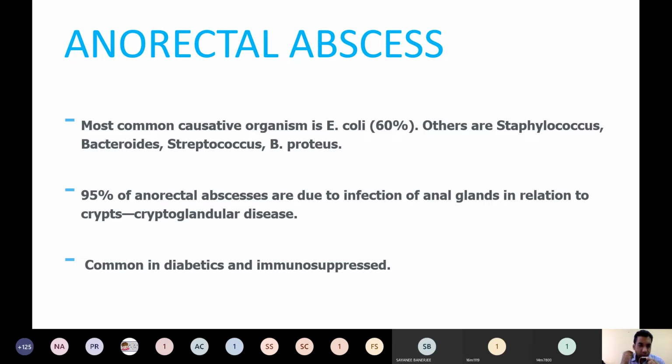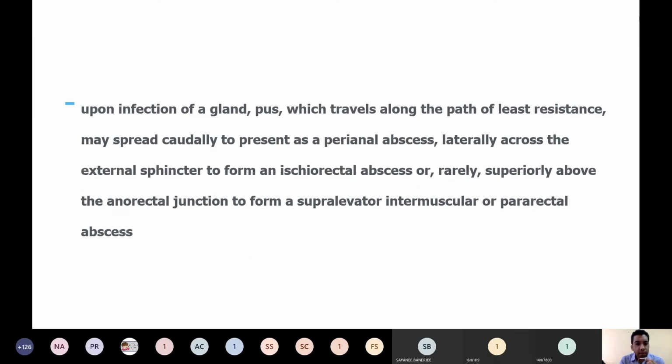The most common organism is E. coli, followed by Staphylococcus, Streptococcus, Bacteroides, and Proteus. It is most commonly seen in diabetics and other immunosuppressed patients. Upon infection of the gland, the pus travels through the path of least resistance. If it spreads caudally, it ends up becoming a perianal abscess.